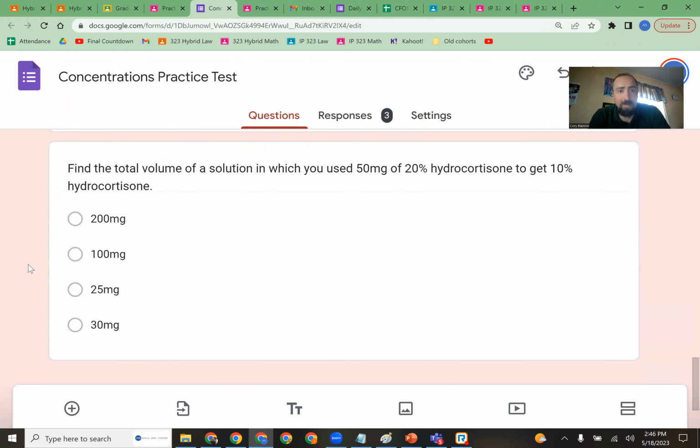And lastly, find the total volume of a solution in which you used 50 milligrams of 20% hydrocortisone to get 10% hydrocortisone. So 50 milligrams of 20% hydrocortisone is, of course, 50 times 0.2, 20% expressed as a decimal. So that's 10 milligrams of hydrocortisone.